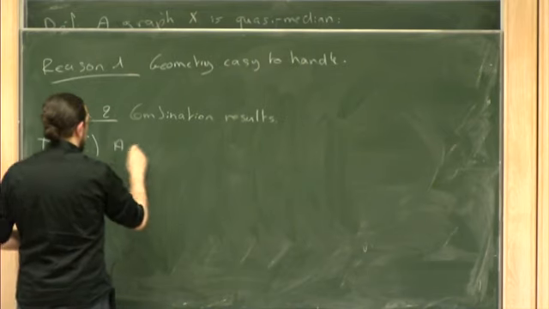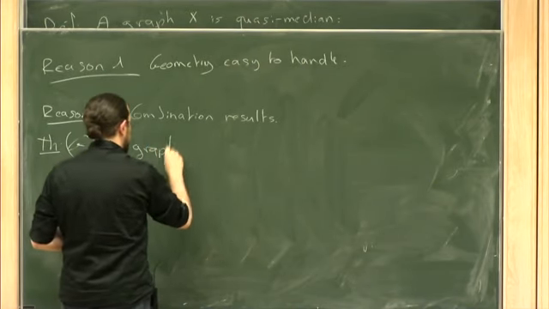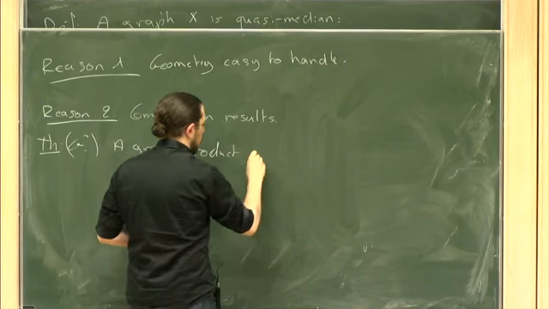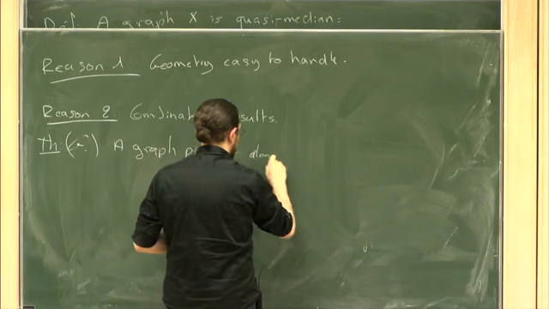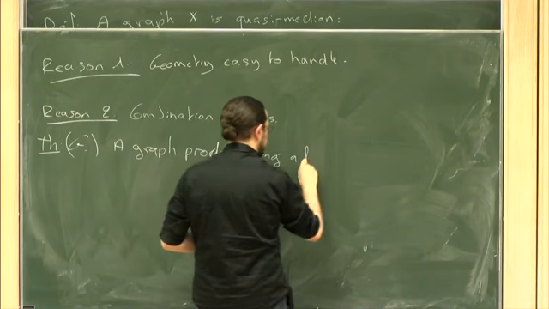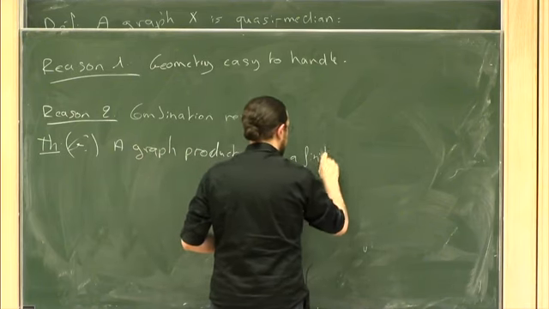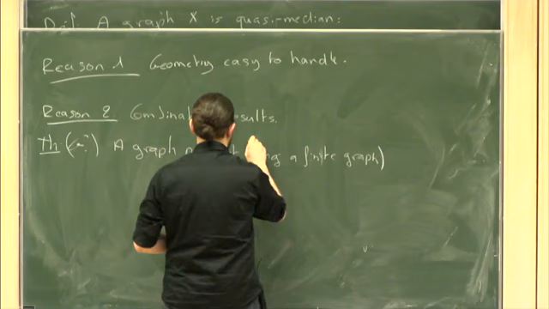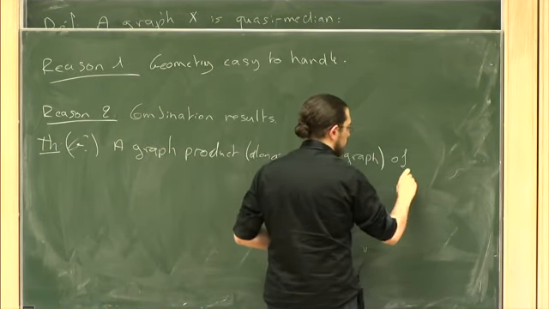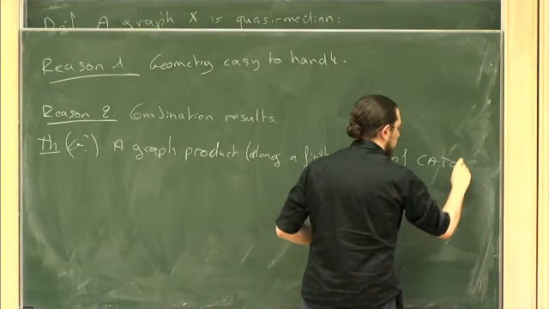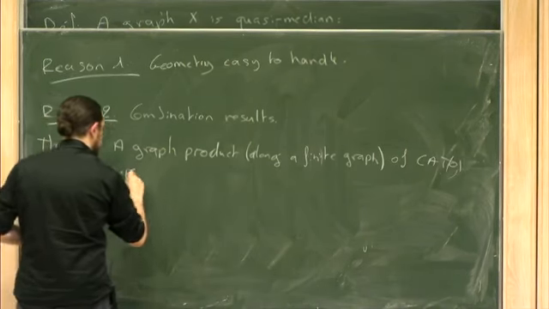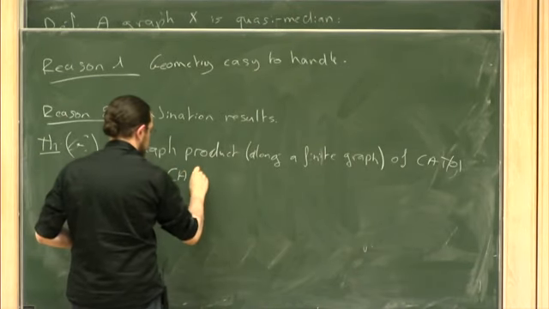A graph product along a finite graph of CAT(0) groups is CAT(0).